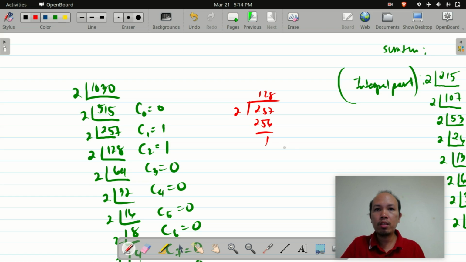Okay, so the quotient is 128 and the remainder is 1. Okay, so let's move again.